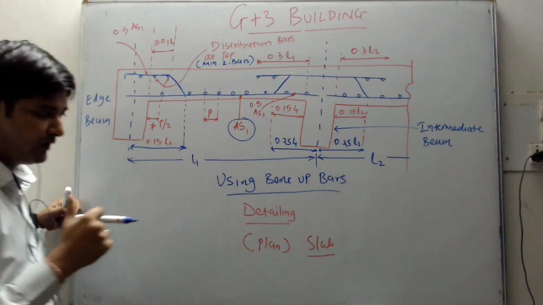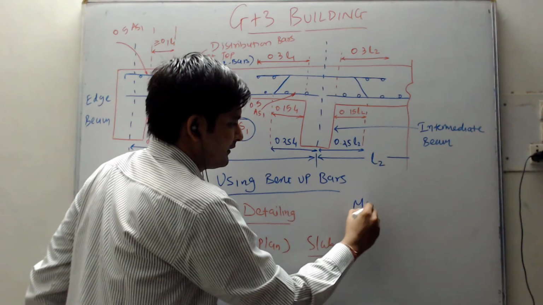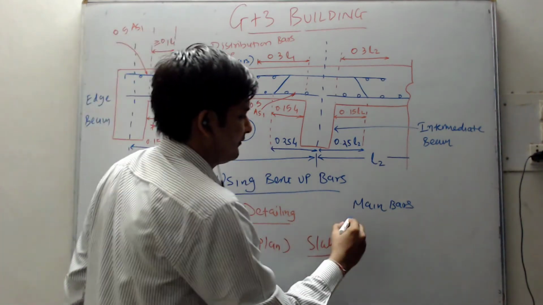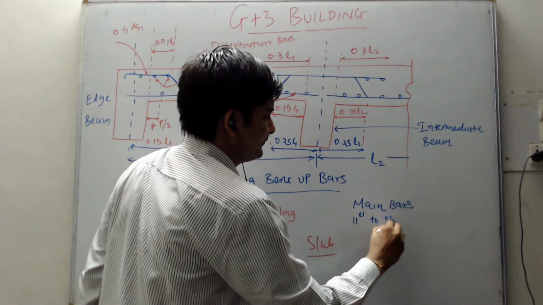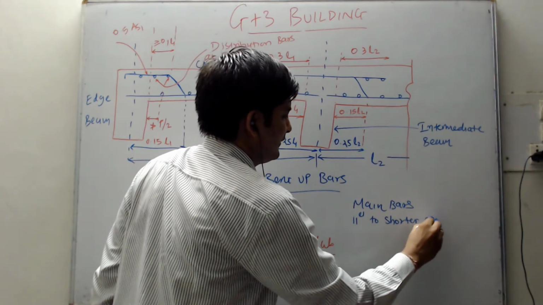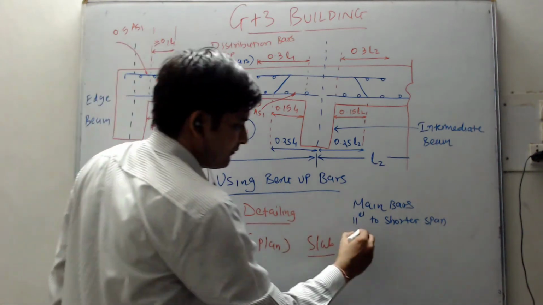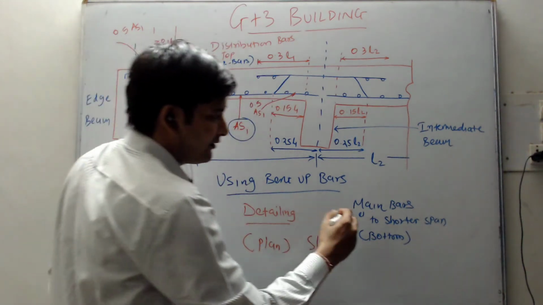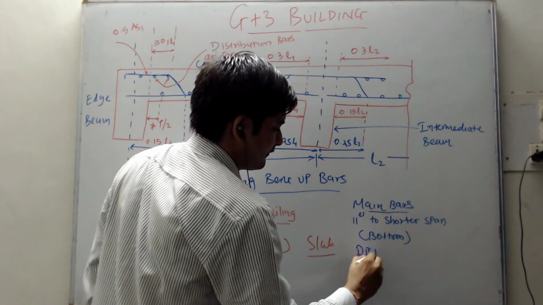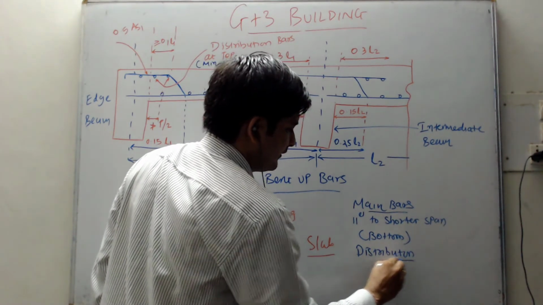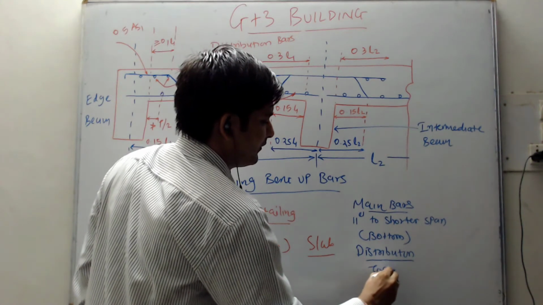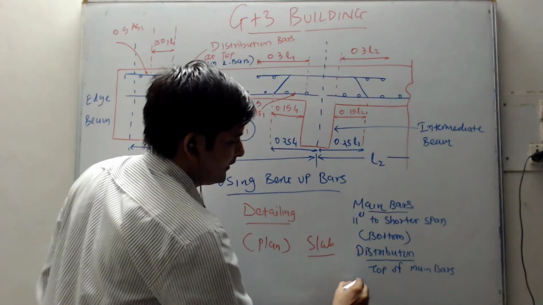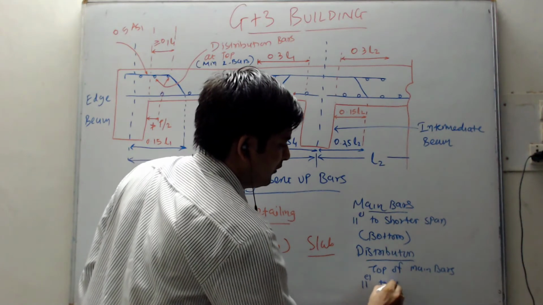One more thing you need to remember is main bars are provided parallel to the shorter span, and these bars will be provided at bottom, and distribution bars are provided at top of the main bars, and these are parallel to the longer dimension.